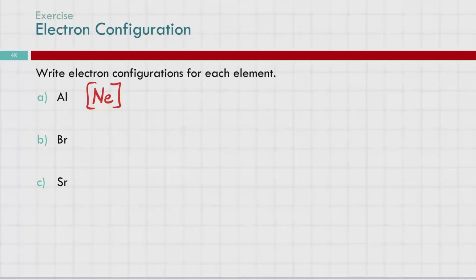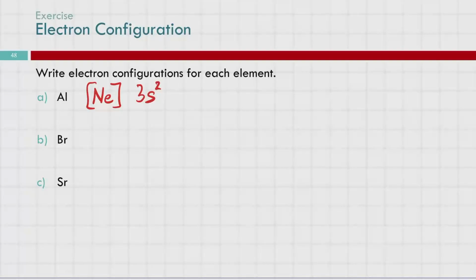We love a shortcut. So starting from neon, the next element is sodium. Sodium is in row 3. And what block is that in? S. So next step would be 3s. Are we past the S block? Yes, we're past the S block. There's 2 spots in the S block, so that would be 3s2, where it's full.